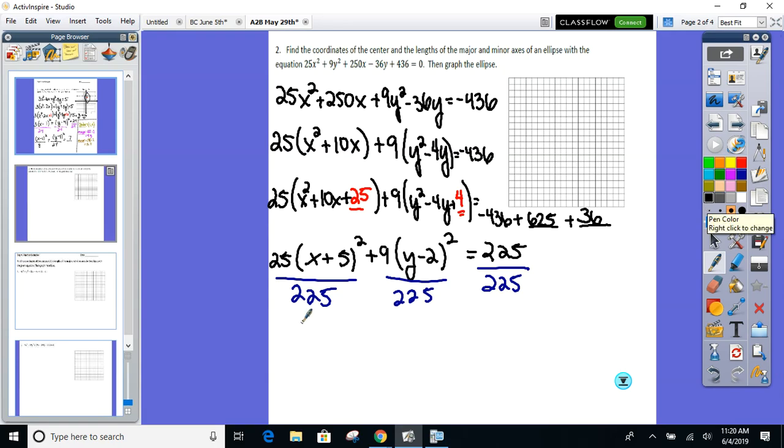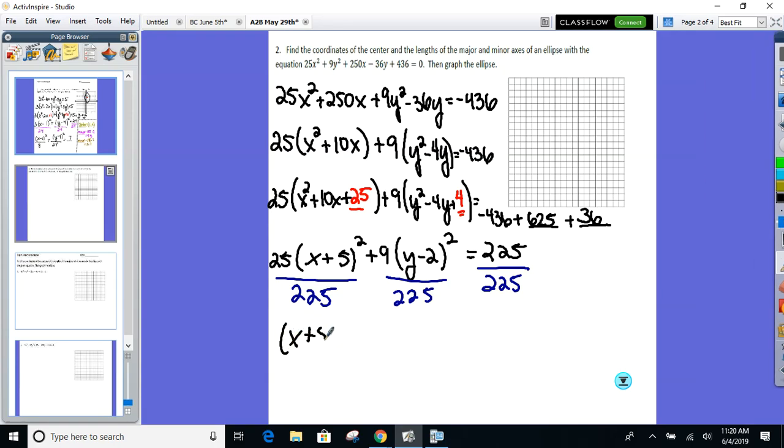All right, here we go. What's your new denominator? 9. 25 goes into 225 9 times. Look at this. What's your new denominator here? 9 into 225.